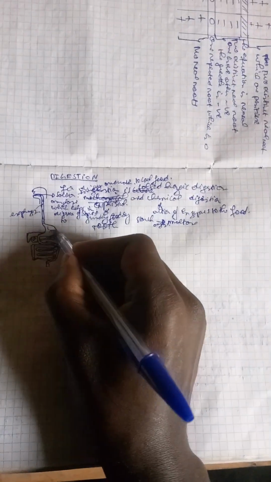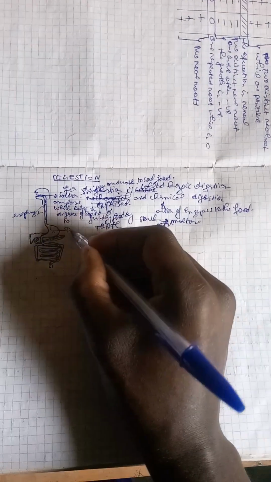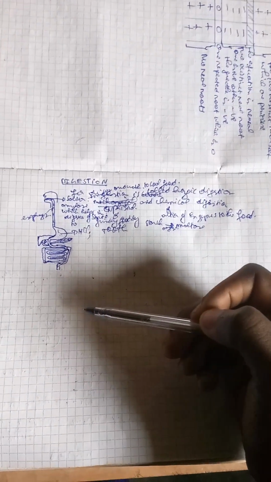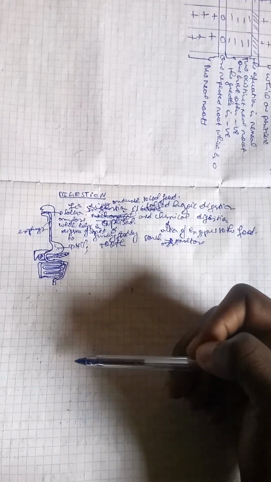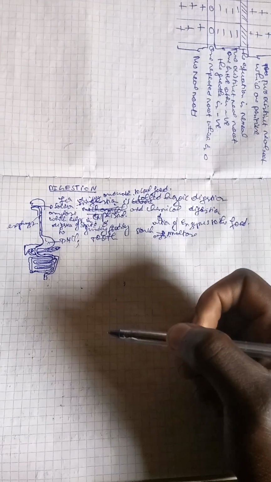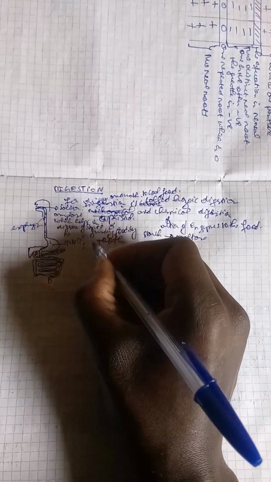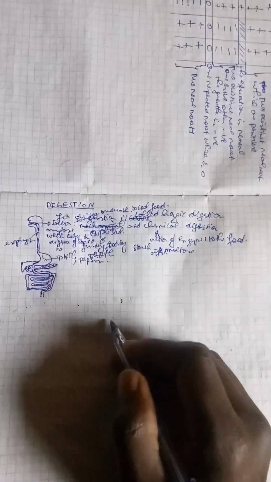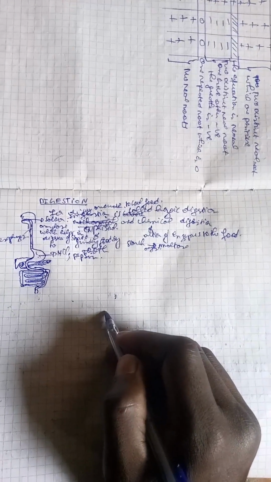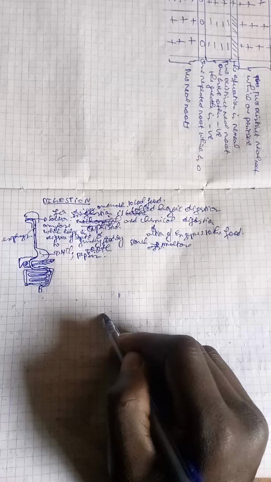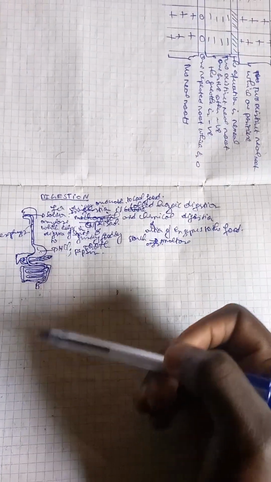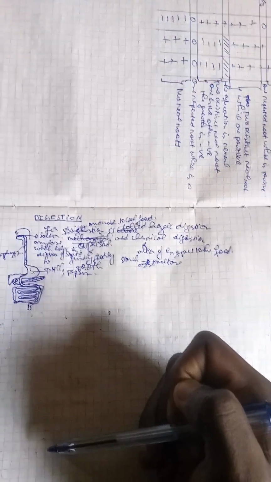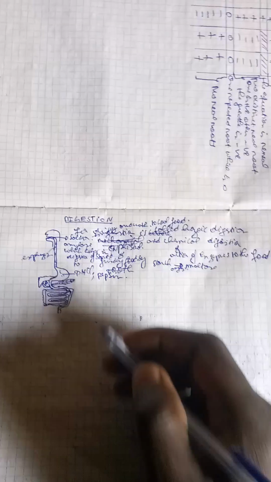In the stomach, there is hydrochloric acid which kills bacteria and maintains the pH of the stomach, where enzymes like pepsin in the stomach work in an acidic environment.